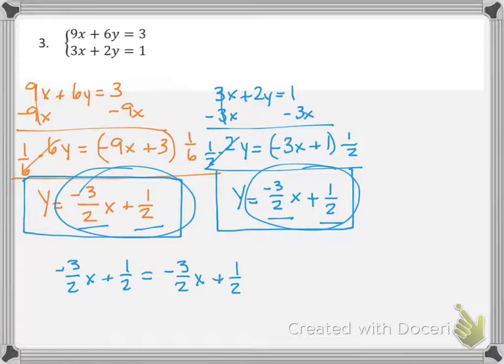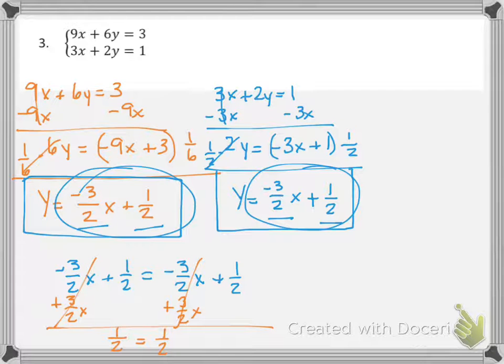It equals itself. So even if I try to solve it, which I will, I'll add 3 halves x to both sides because I want to get my variables on the same side. If I do that, the x's cancel. I get 1/2 is equal to 1/2.